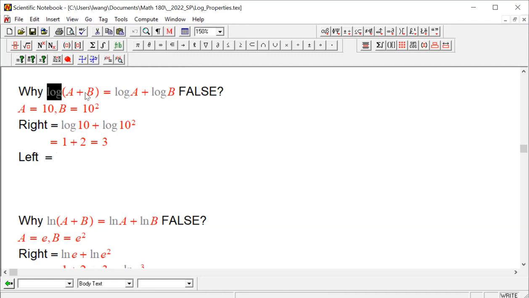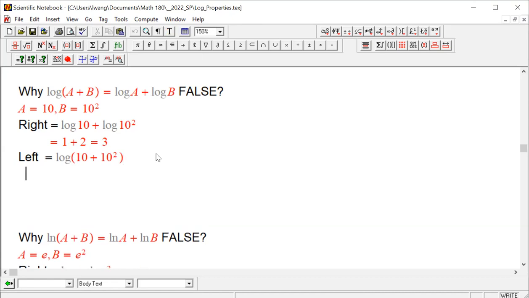Left-hand side is log of A plus B, which is 10 plus 10 squared. According to the order of operations, we operate on the inside first, so we have the common log of 110.